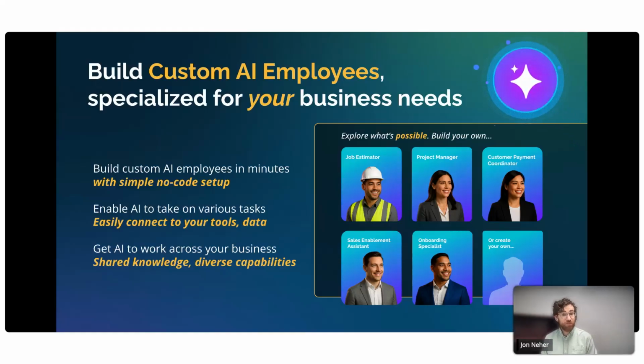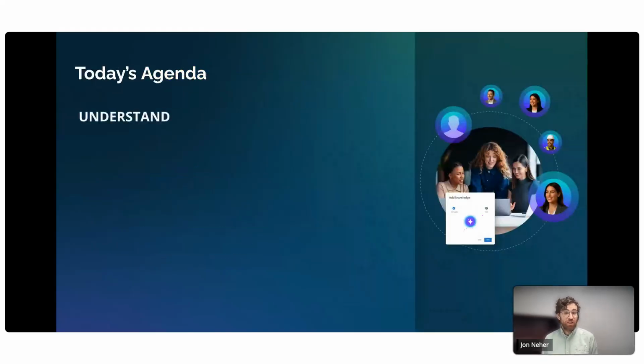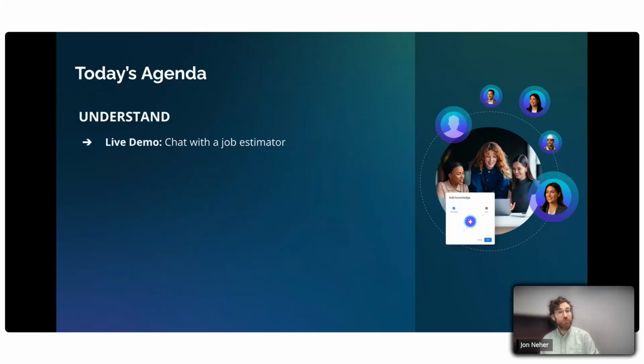So today we're going to spend some time learning a little bit about how to work with custom AI employees. And we're going to see what it looks like to work with them and some of the other great features that we've released that aren't necessarily just for custom AI employees, but have come out as a part of this release. I'm going to do a quick demo where I'm chatting with a job estimator.